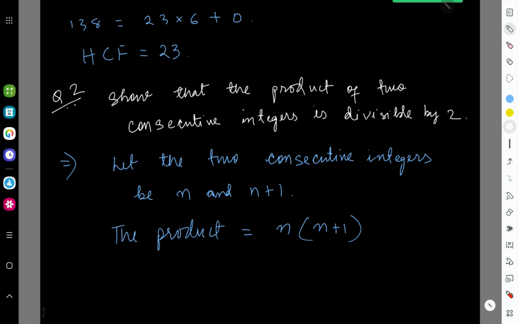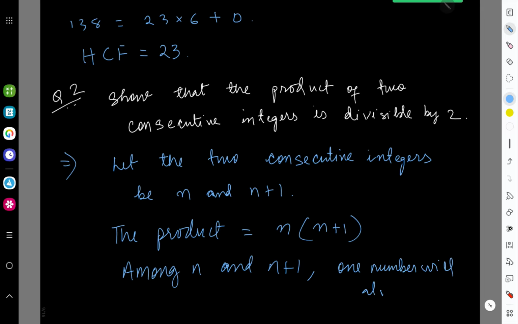So what we can conclude from here is that among n and n plus 1, one number will always be even.